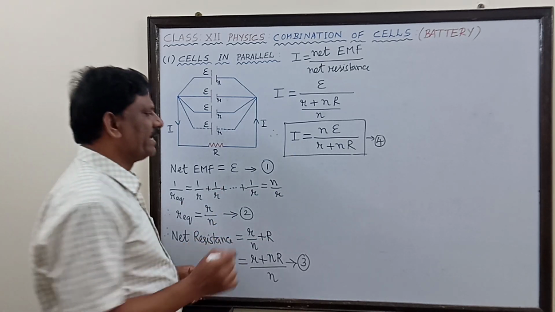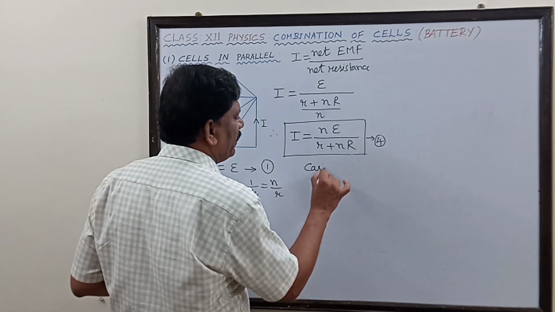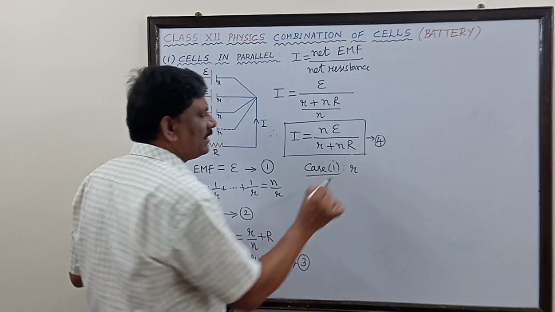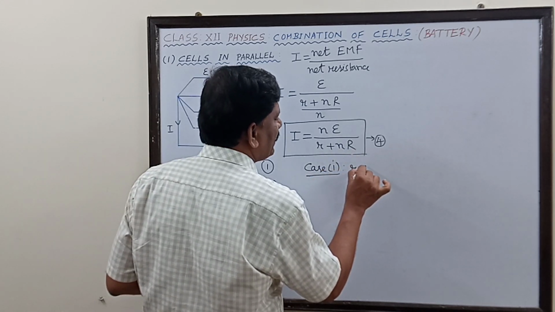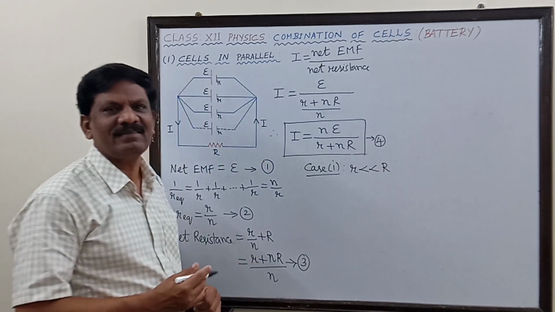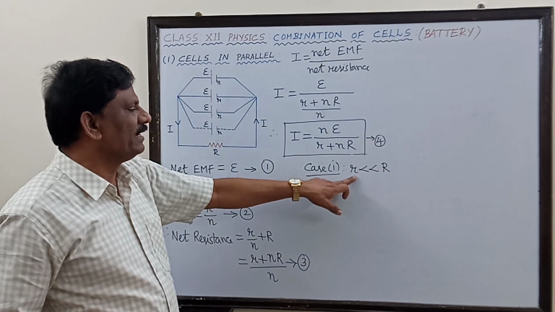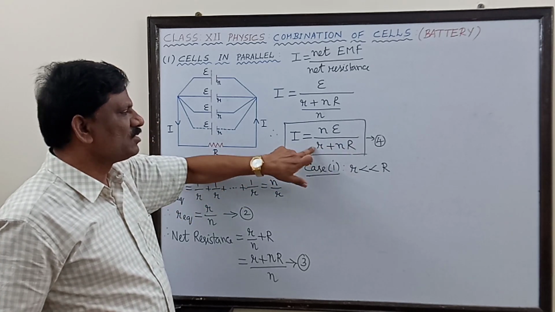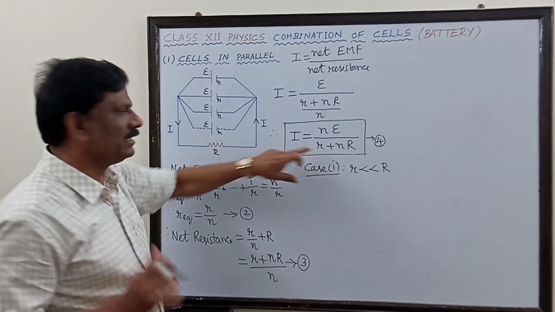What is the special case? So case 1. The internal resistance r is very much smaller than the external resistance. So in this case, when r is negligibly smaller than capital R, here small r can be eliminated.